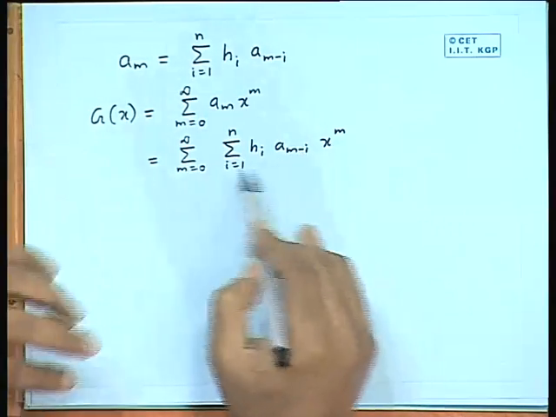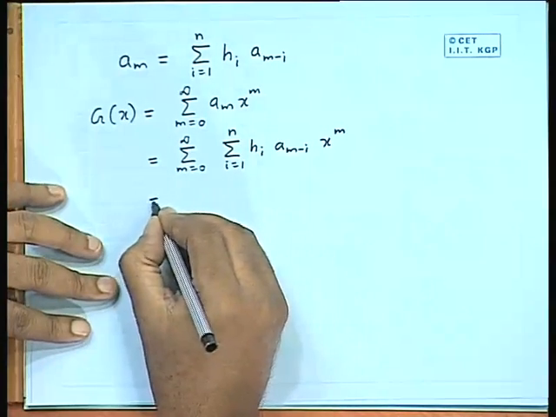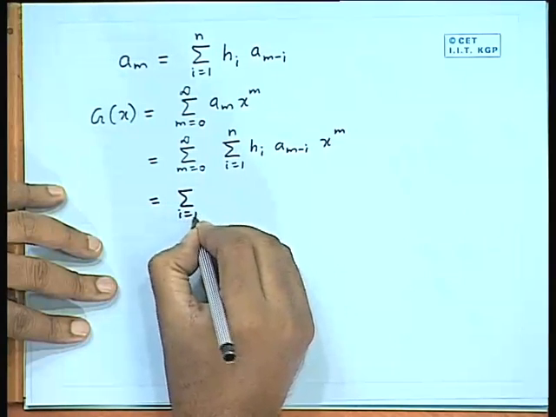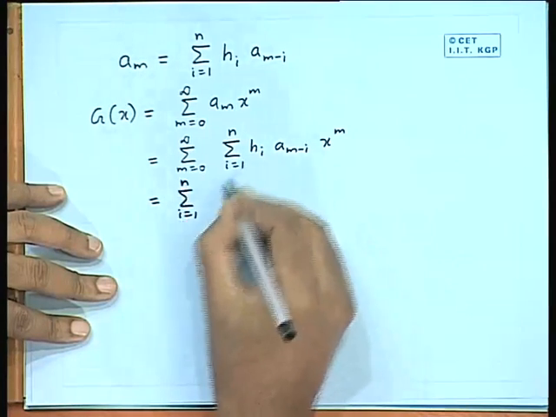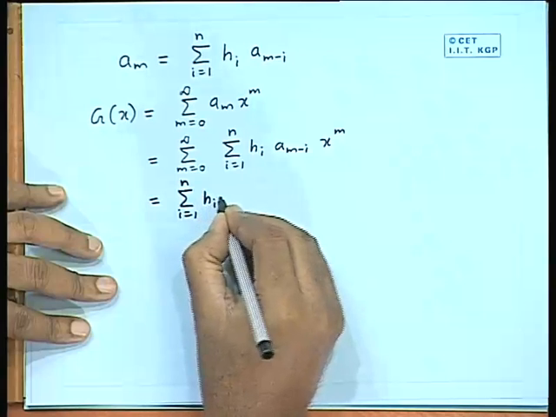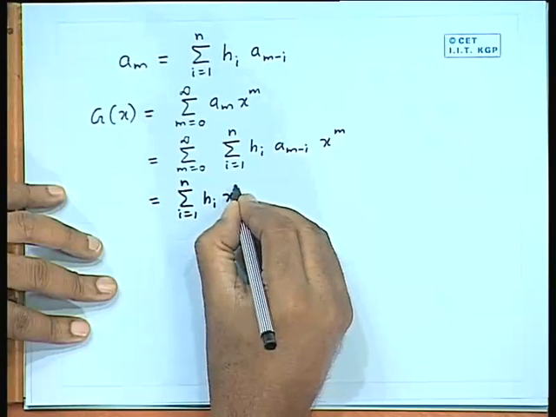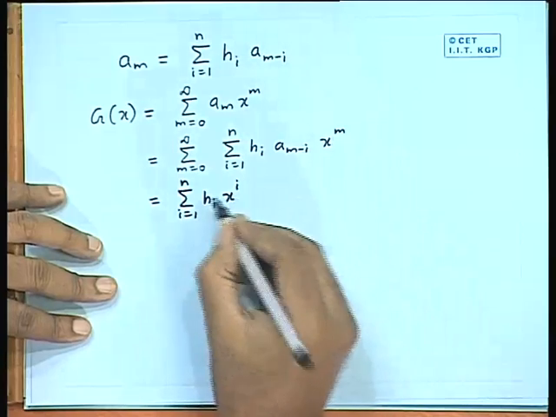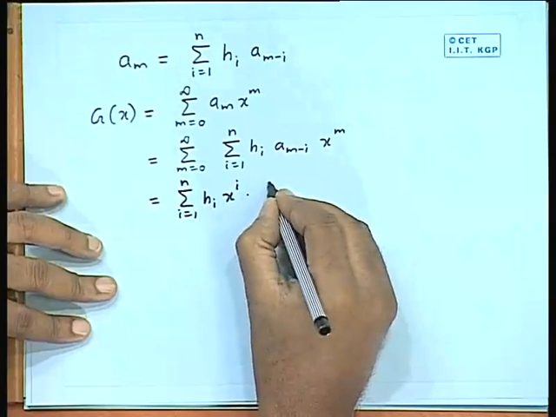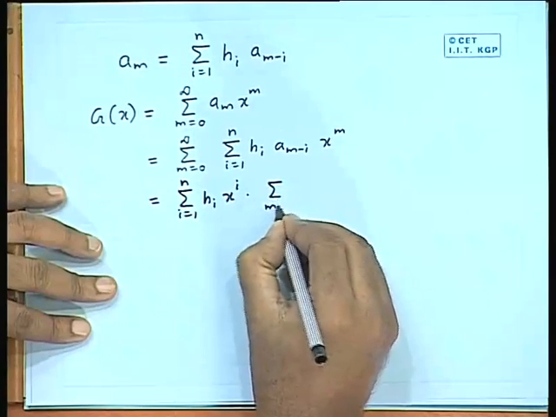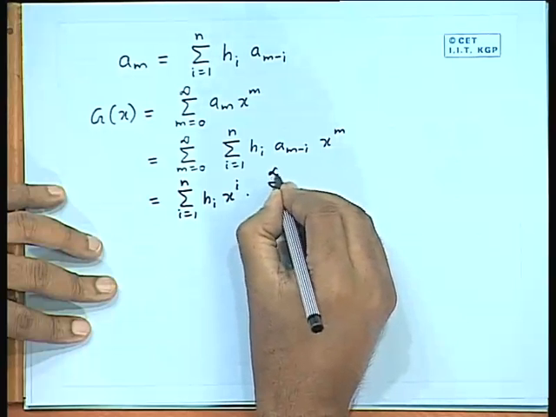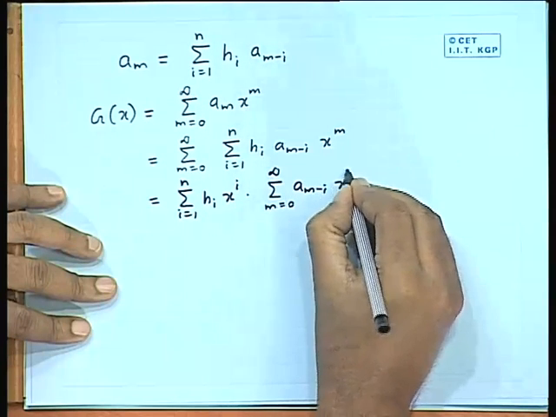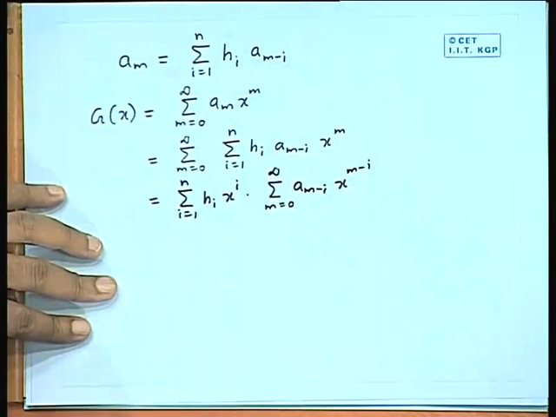Well, now we can reorganize this a little bit and we can write summation over i equal to 1 to n, we can take out this h(i) and x to the power i. Out of x to the power m, I take out x to the power i here. So, what remains is the summation over m equal to 0 to infinity of a(m-i) x to the power (m-i). This is what remains.